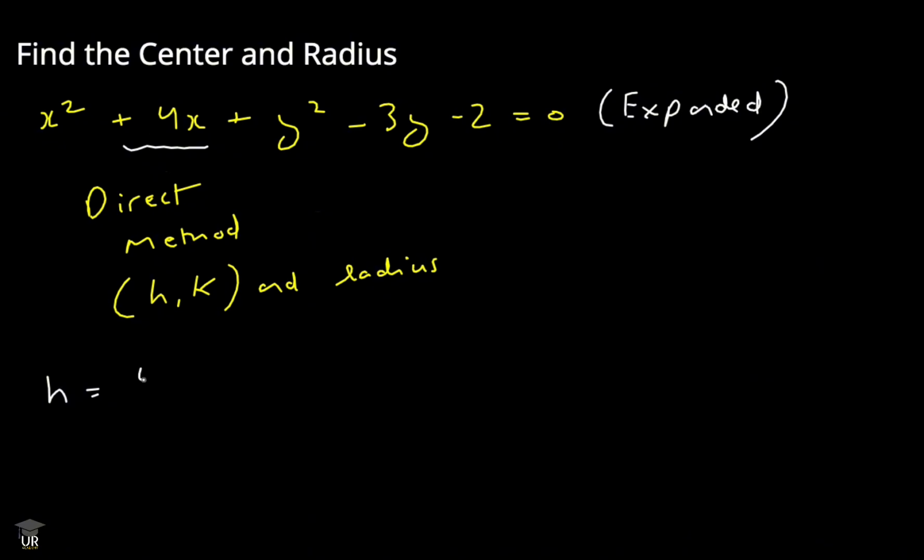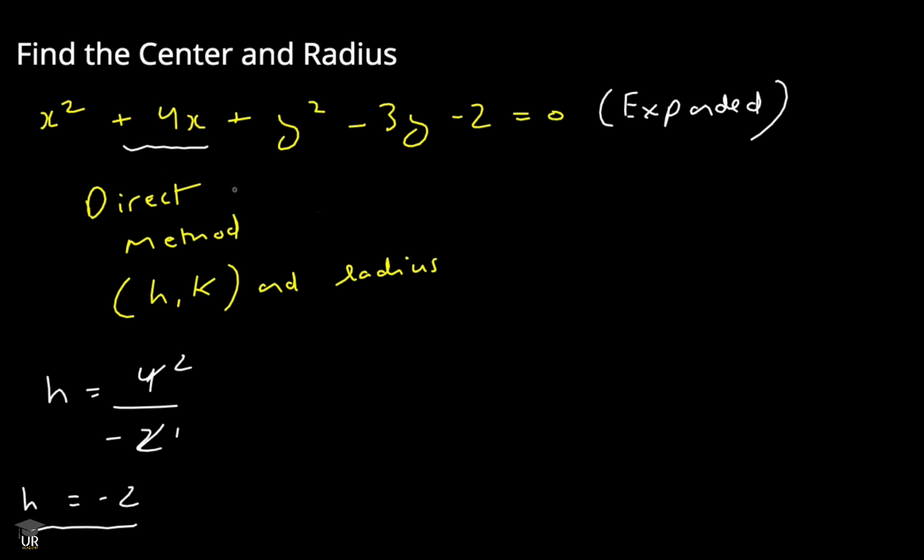So I will write 4 divided by minus 2. I will simply divide the coefficient of x by minus 2, which turns out to be minus 2. So the value of h is minus 2.